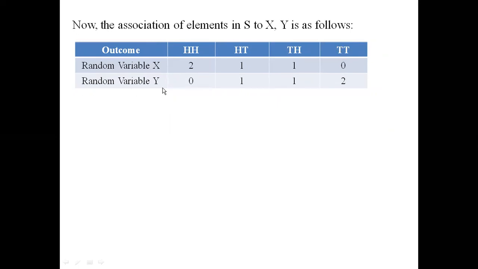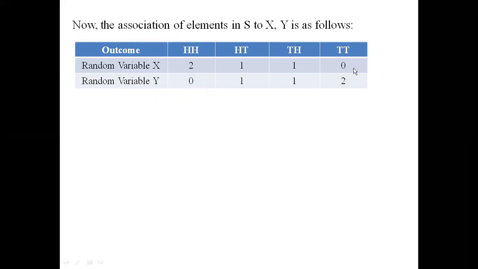Similarly, the random variable y is defined as number of tails in the outcome. The first outcome HH shows that there is no tail outcome. So that is why 0. HT, T stands for tail. So 1. TH, so that is again, random variable y is associated with the real number 1.